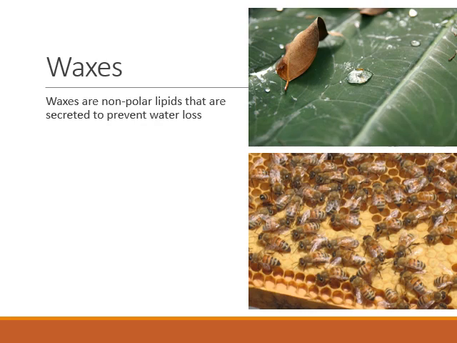Why do bees make wax? Well, they do it to keep their babies wet, because if they don't, their babies dry out and die. It keeps them moist on the inside, but it's also for storage. It stops them from getting soaked in the rain.